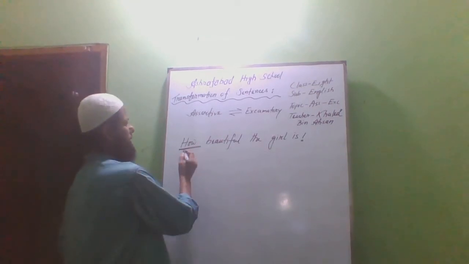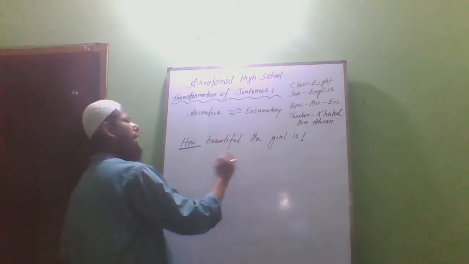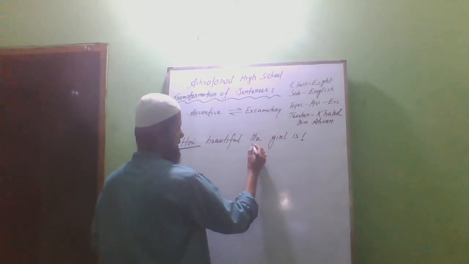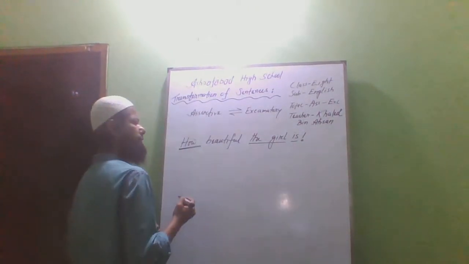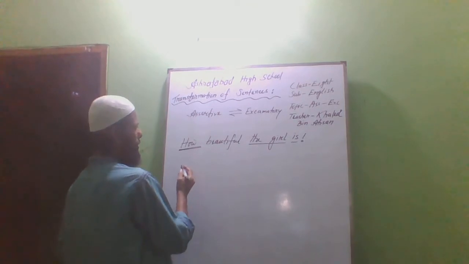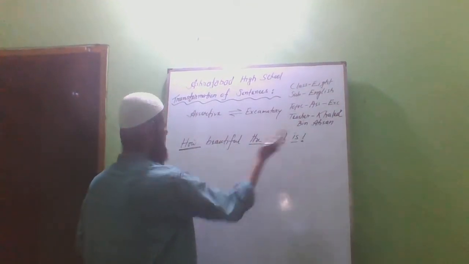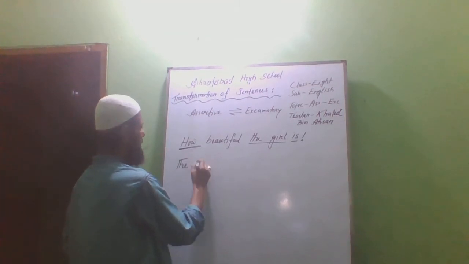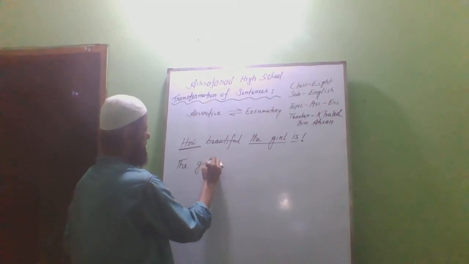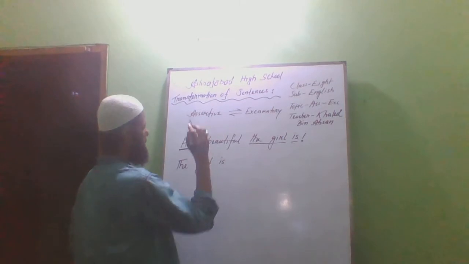Okay, fine. This is an exclamatory sentence, and in this sentence we find the subject girl and the verb is. So we will take the subject and verb at the very beginning of the sentence. The girl is.